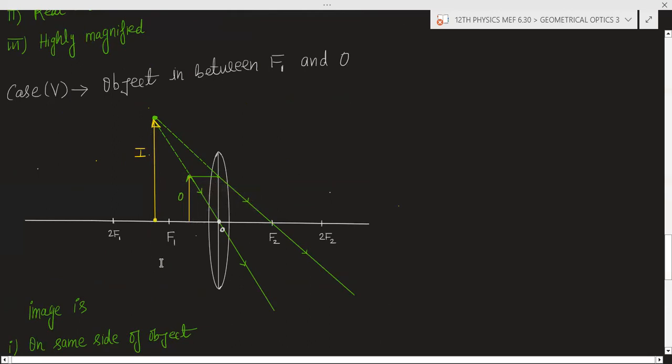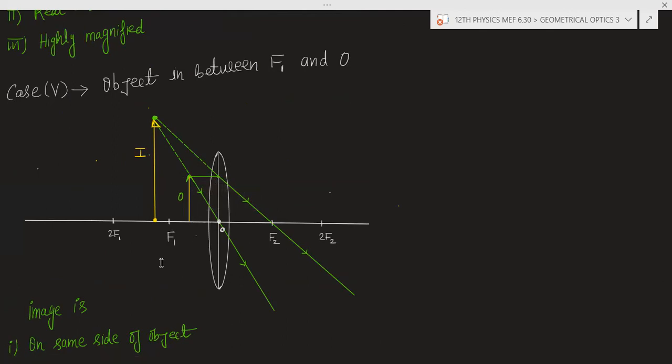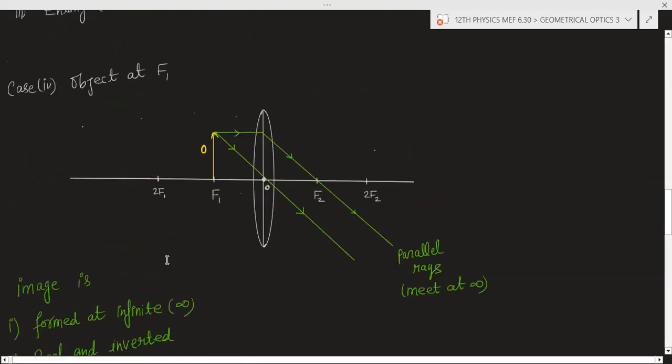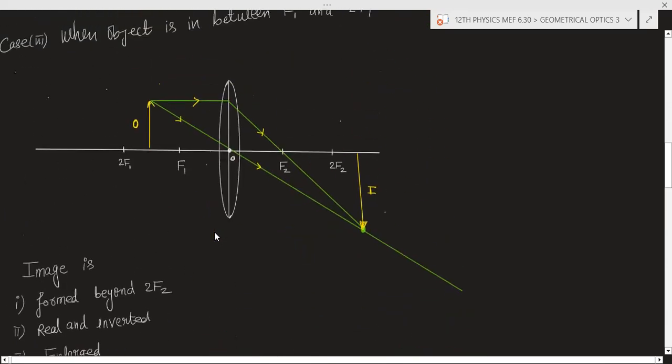You can say behind the object also, but it is better to say on the same side of the object. But in the other cases, the image is on the right side and the object is on the left side. They are not on the same side.